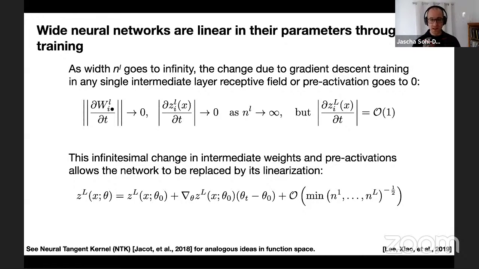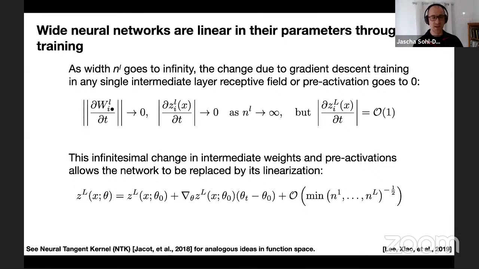That is, the output of the neural network will correspond to its output at initialization plus its parameter gradient at initialization times the change in parameters, and then plus a term that goes to 0 with increasing width. I'd like to emphasize that this does not mean that wide neural networks become linear networks. Their output is still a super complicated nonlinear function of their inputs. It's just that throughout training, the change in their outputs is linear in the change in their parameters.